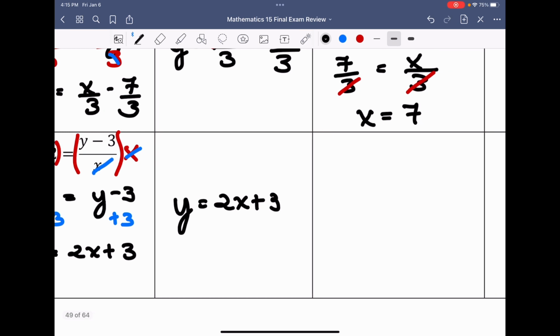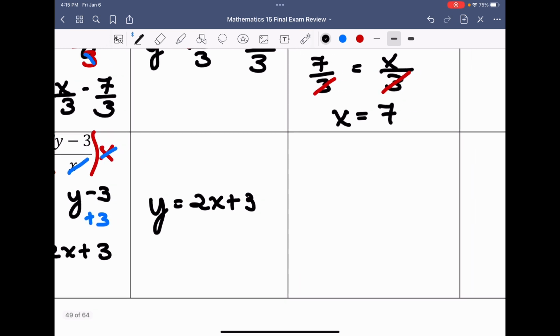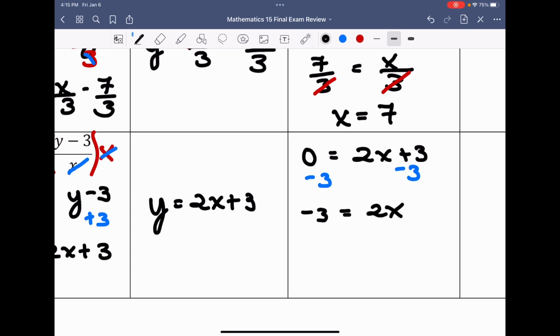And now, when I want my x-intercept, I have to set y to 0 and isolate for x. I'm going to subtract the 3 across. That's going to give me negative 3 is equal to 2x. And then I'm going to divide both sides by the coefficient of x. Therefore, x-intercept is negative 3 over 2.